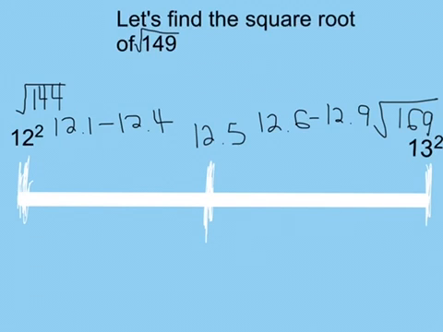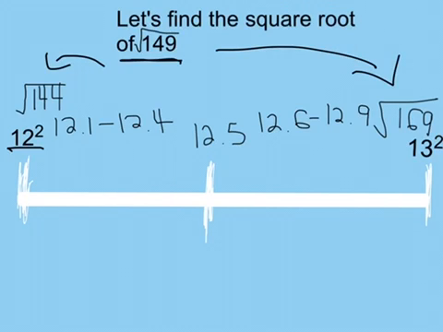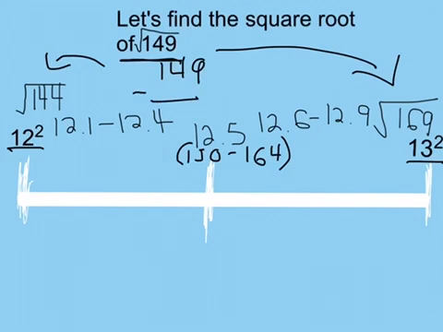Okay, so now we're going to find the square root of 149. So, we're going to see if it is closer to the square root of 144, also known as 12, or the square root of 169, also known as 13. So, to do this, we're going to set up 2 problems. 149 minus 144.